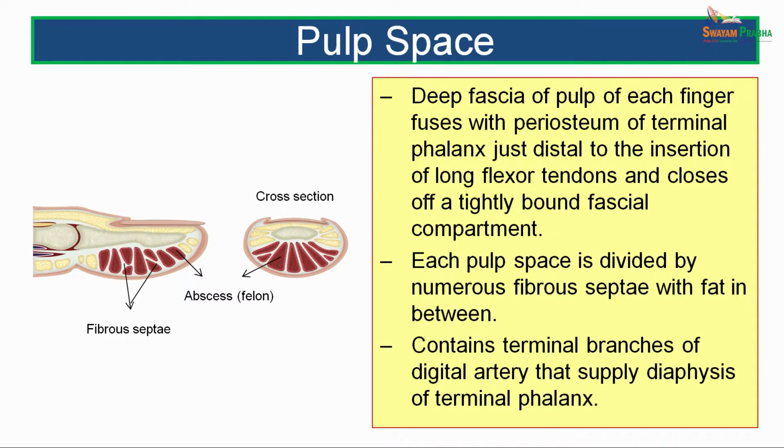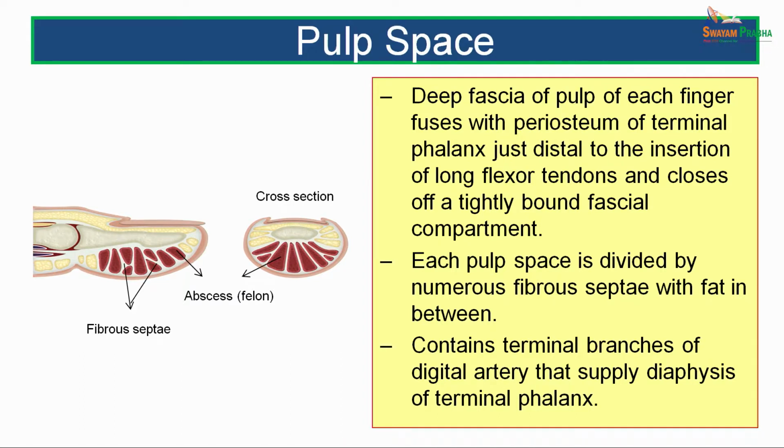Herein there are fibrous septae which are radiating from the palmar aspect of the skin, going deep and getting attached to the periosteum of the distal phalanx, thus dividing this space into tight compartments which are filled with subcutaneous fat and the blood vessels.